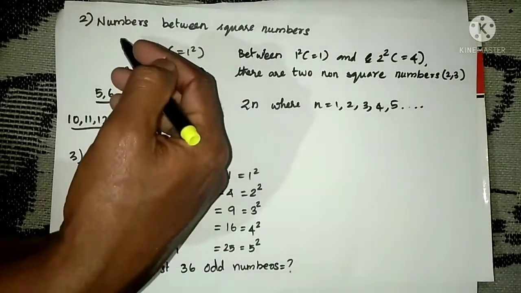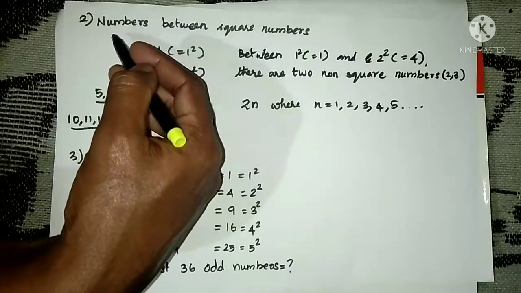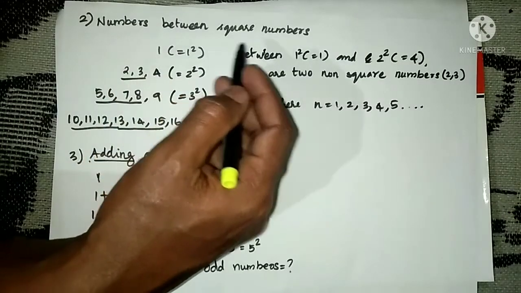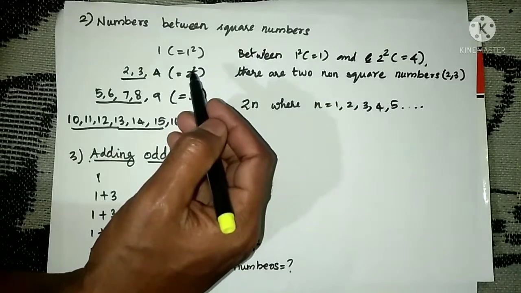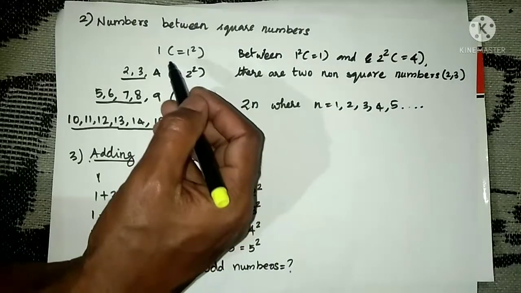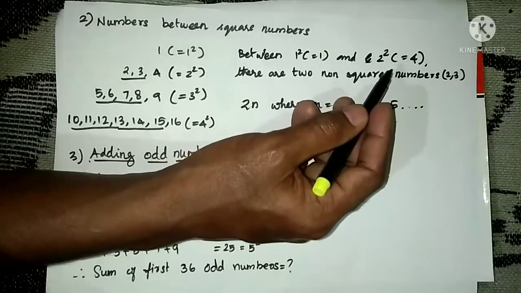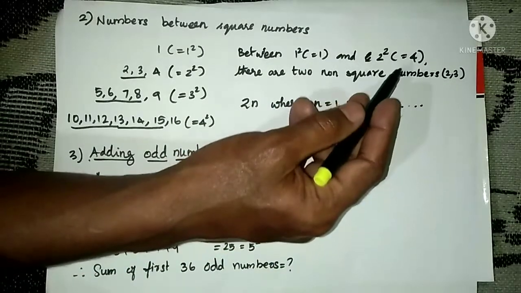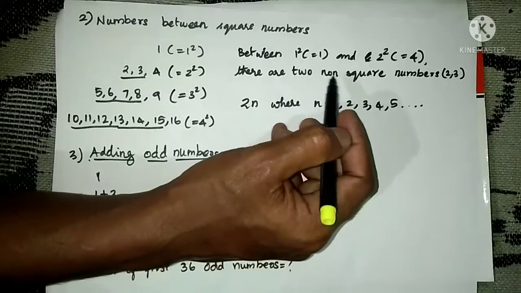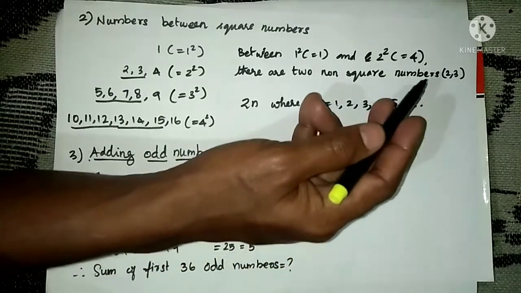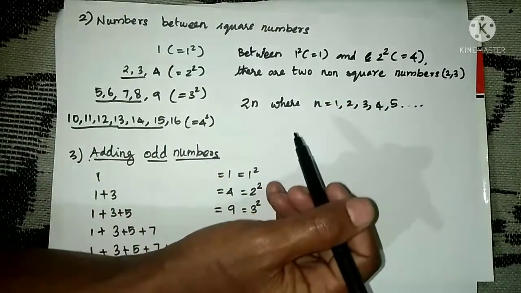The second pattern we are going to learn is the numbers between square numbers. Between 1 square and 2 square, that is, 1 square is 1 and 2 square is 4, there are two non-square numbers, that is 2 and 3.